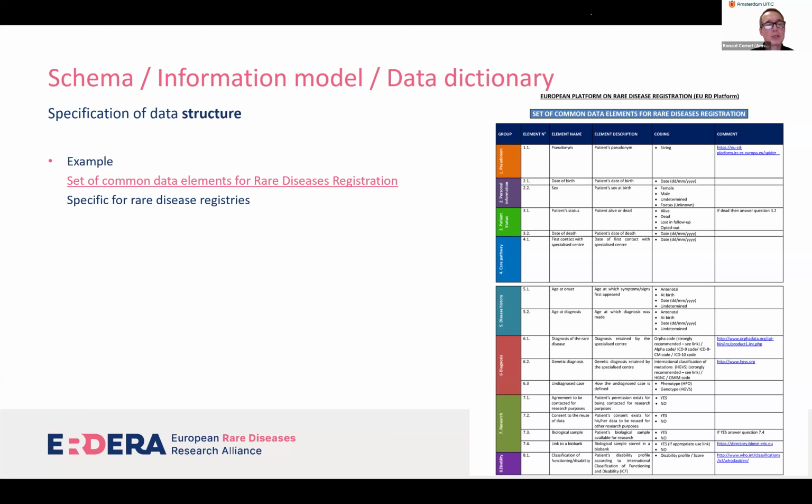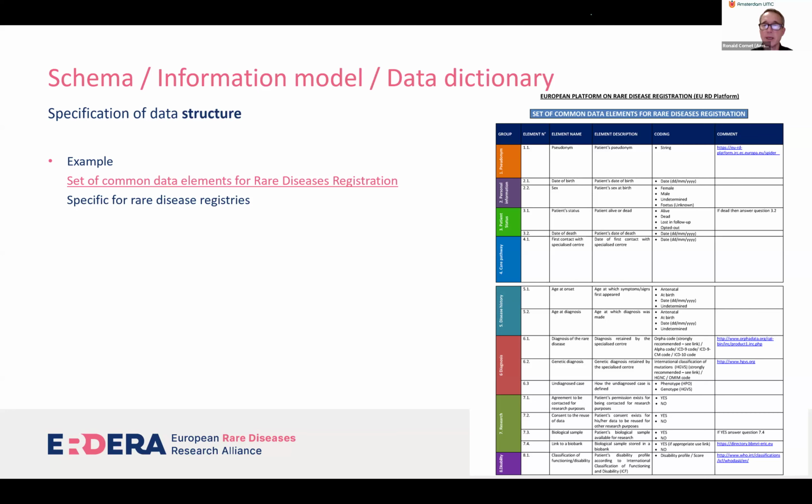And I present here one example, which is the set of common data elements for rare disease registration, which is, as it says, a set of common data elements focusing on rare disease registries. And in this context, it is specified that we have an element pseudonym, which is described as the patient's pseudonym. There's a date of birth. There's sex, which is described as the patient's sex at birth.